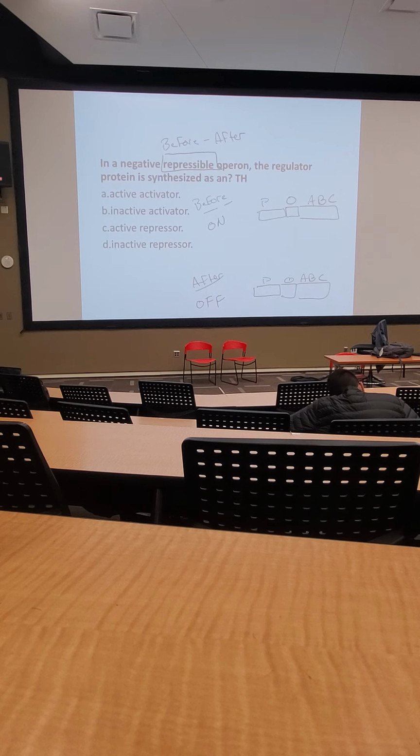What can we draw that gets at this part, negative? What is negative telling you? Yeah, I just can't hear you. Yeah, the operon is controlled in a negative fashion by the regulator. So what does the regulator do?